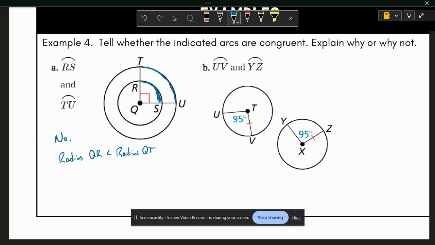Okay, TV and XZ are both the same length, meaning that the radius is both the same. So yes, these would both be congruent arcs and making them really congruent circles. So yes, central angle, the same. And the radius is also the same or congruent.